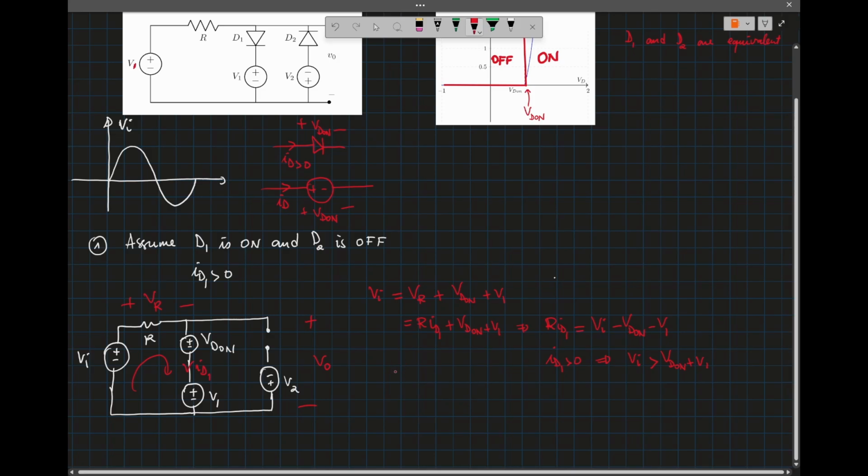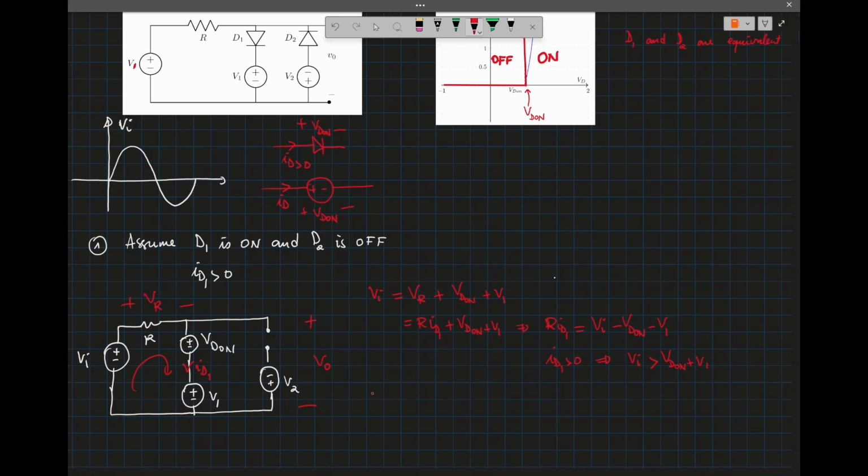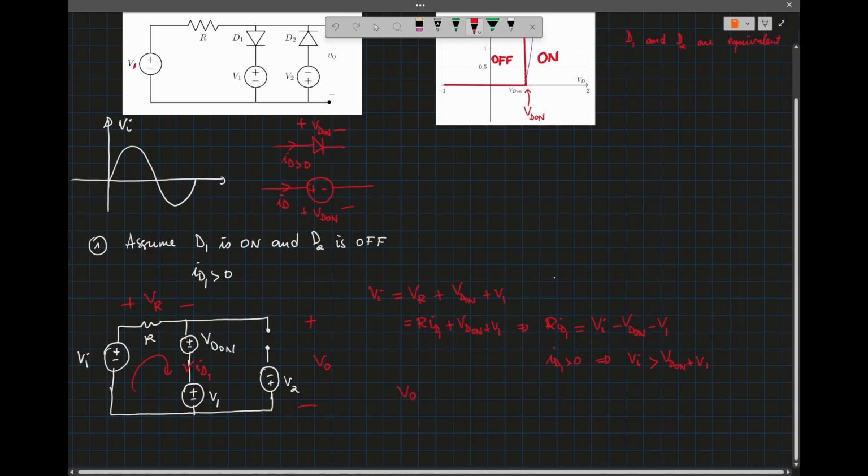So under this condition, V0 equals VD on plus V1.